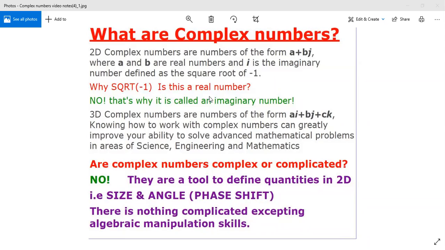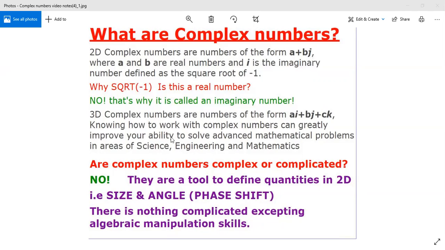What do we mean by real numbers? What we mean by real numbers is the natural numbers that we interact with in the real world. That includes things like your weight or mass, 75.3 kilos, the temperature outside, 20.3 Celsius, and so on. The J operator is imaginary because it's a square root of a negative number.